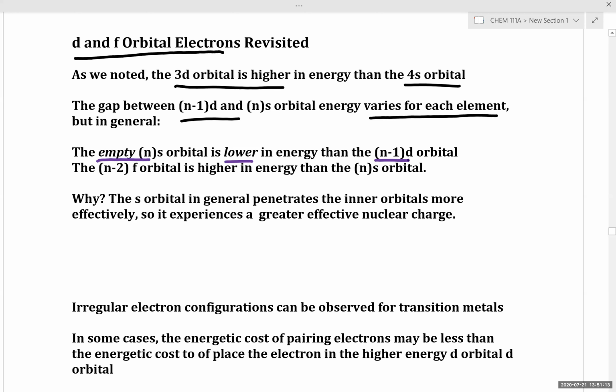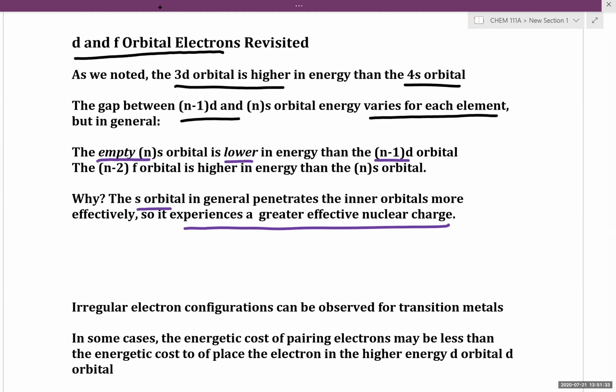The reason for that, as we discussed, was orbital penetration. The s orbital is more readily able to access regions closer to the nucleus and experience a greater stabilizing effect from the nuclear charge.